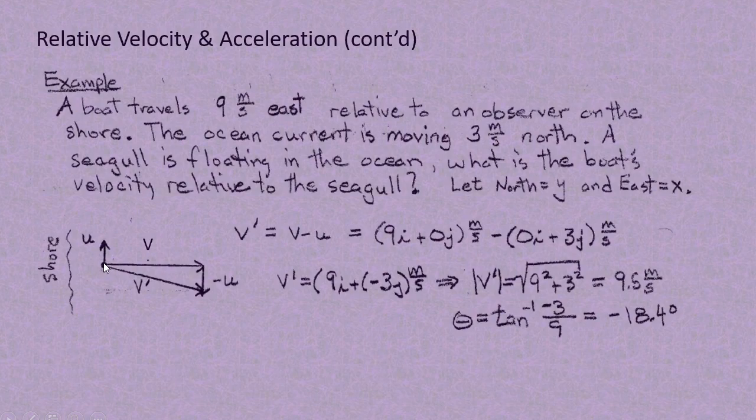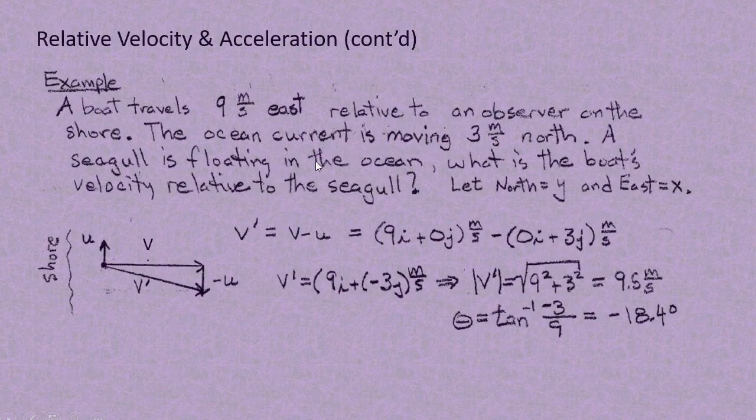We have the seagull floating along with the ocean current, so the seagull is the moving reference frame, and the seagull, relative to the person standing on the shore, has a velocity u of 3 meters per second north, so that's 3 meters per second in the positive y direction.